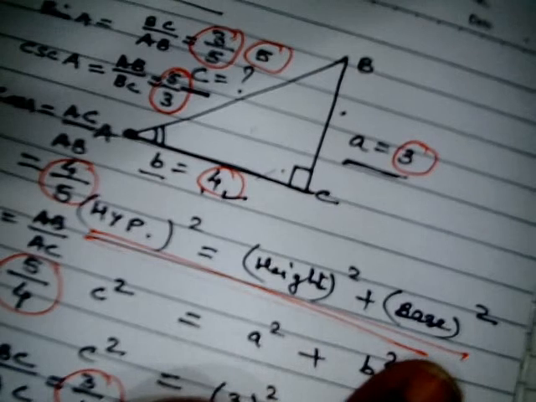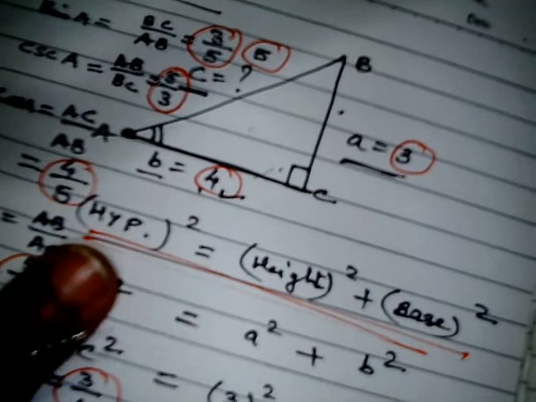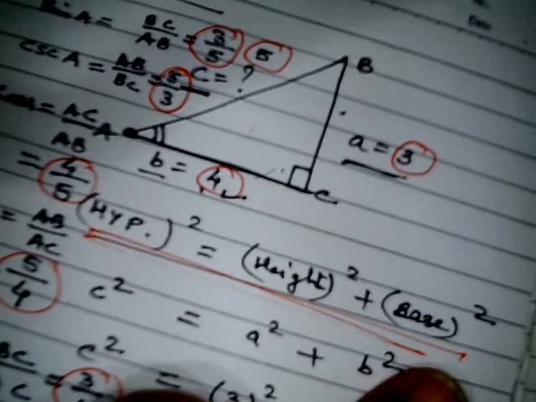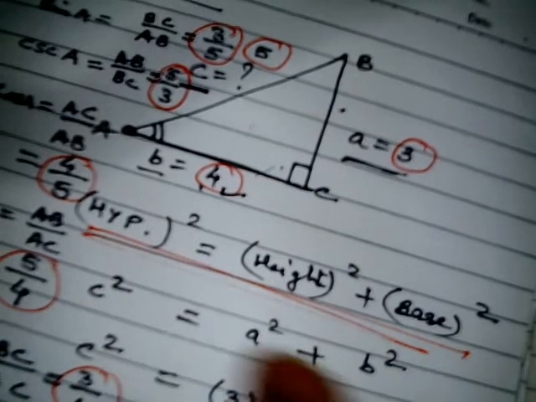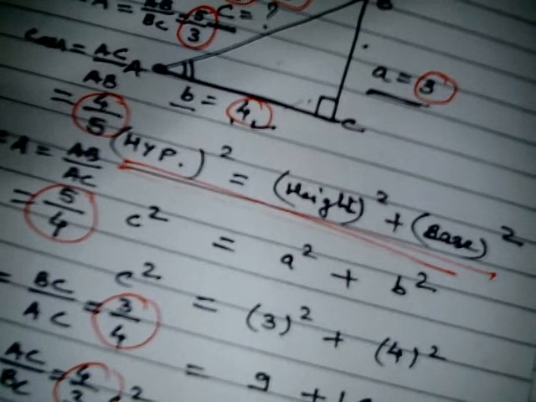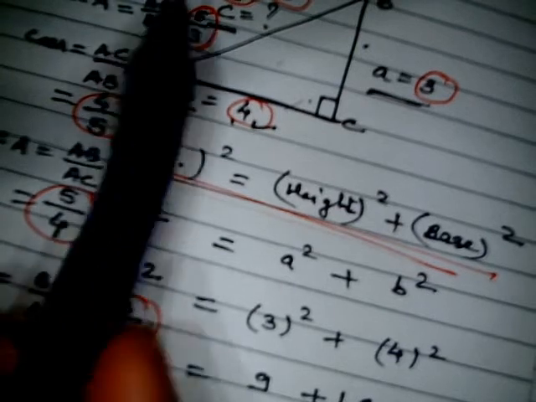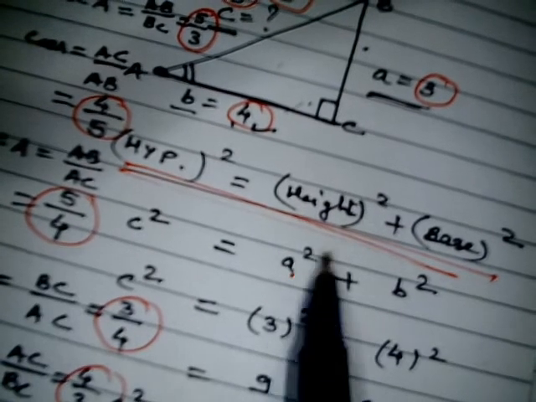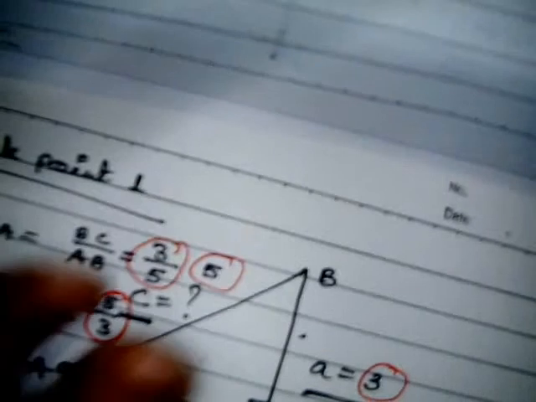Then I wrote the symbol, whatever letter they have used to represent a particular side. Hypotenuse is represented by C, so I replaced it by C. Height is represented by A, and then I plugged in the values and solved it out, so I got the value of C. After getting the value of all three sides, 5, 4 and 3, you can calculate the 6 trigonometric functions. Thank you.